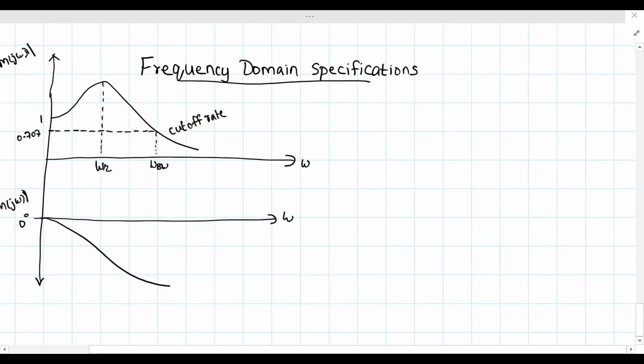So first one is resonant peak, or resonant magnitude. Both are one and the same. We indicate it with the letter M_R. So what is resonant peak?